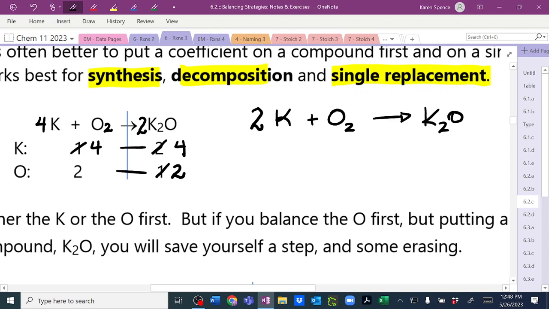Then I'm like, okay, now I need to balance oxygen. I've got 2 on the left, so I need to put a 2 on the right. It ends up being virtually the same process, except now I have to change this 2 to a 4. But it's not a big deal. No matter which way you do it, you're getting the right answer. Yeah?